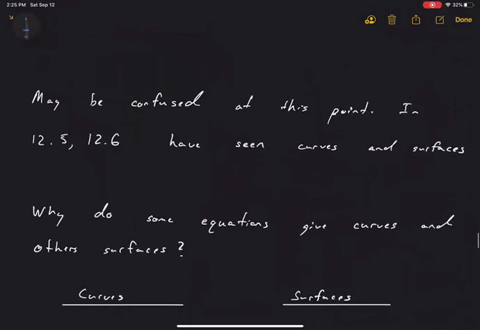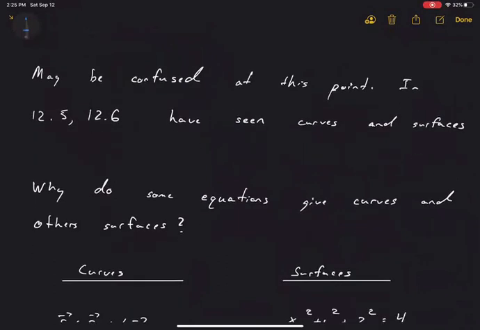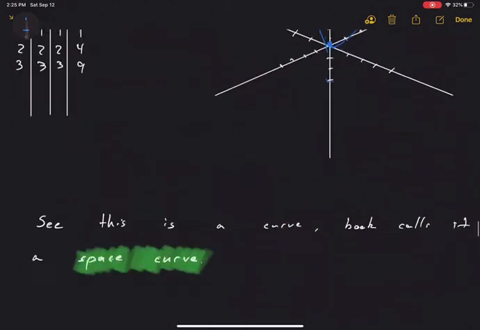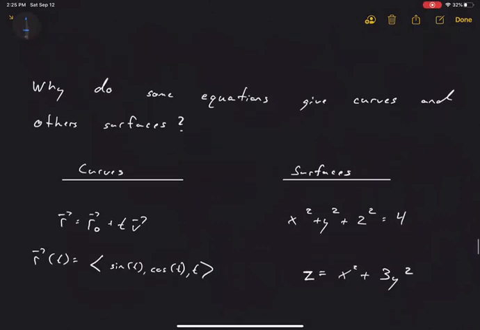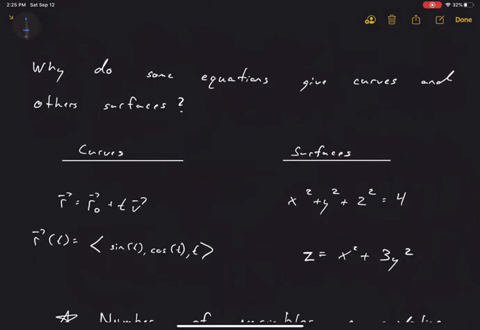So here we come to the topic I just mentioned. In 12.5 and 12.6, and now in 13.1, we've seen some equations that give us those one-dimensional curves like this in R3, and some of them give us these two-dimensional things like planes. And then in 12.6, we saw even more complicated things like the hyperbolic paraboloid.